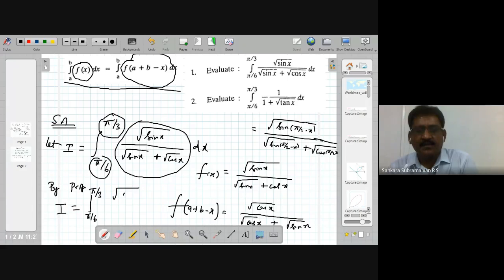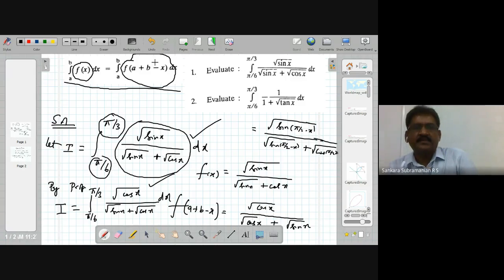This is square root of cos x by square root of sin x plus square root of cos x, dx.